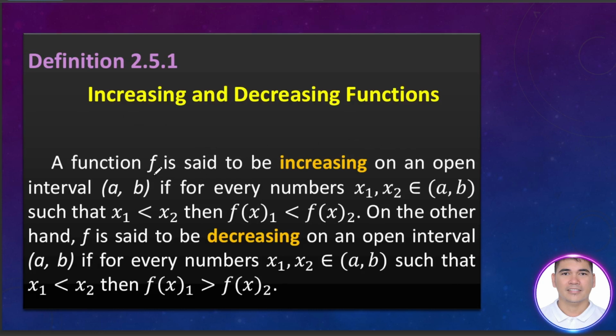Now take note, a function f is said to be increasing on an open interval (a, b) if for every pair of numbers x sub 1, x sub 2 that are elements of the open interval (a, b), and x sub 1 is less than x sub 2, then f of x sub 1 is less than f of x sub 2.